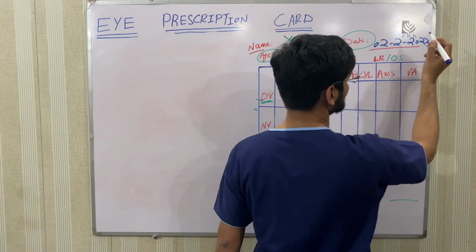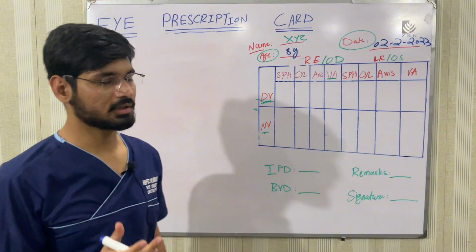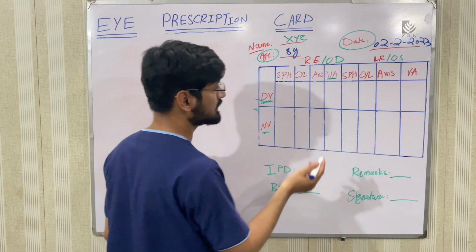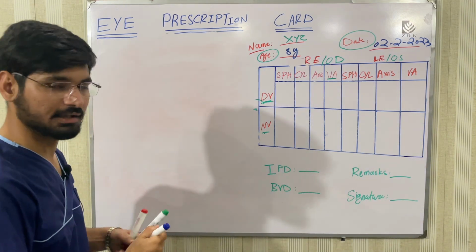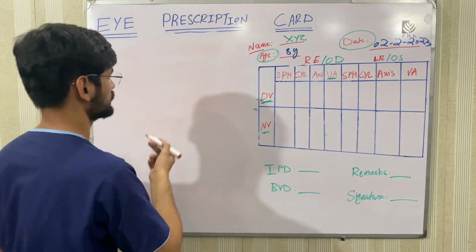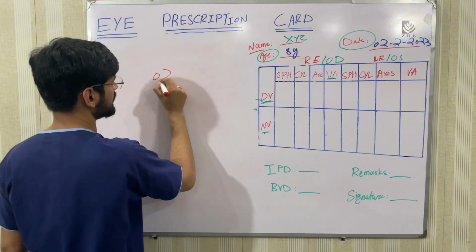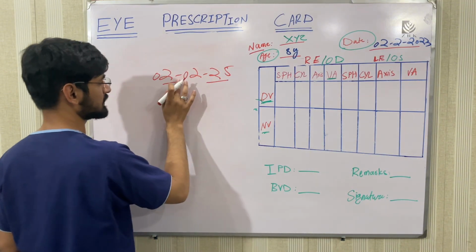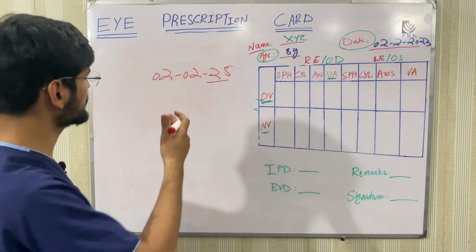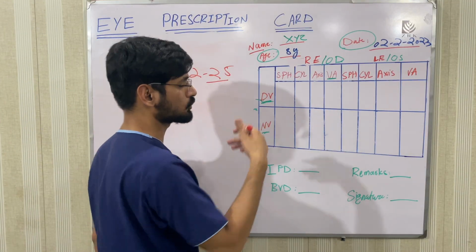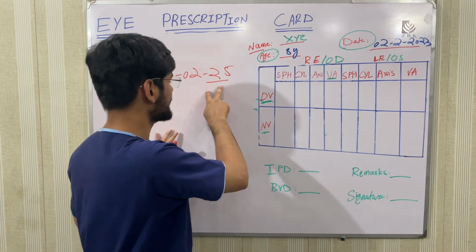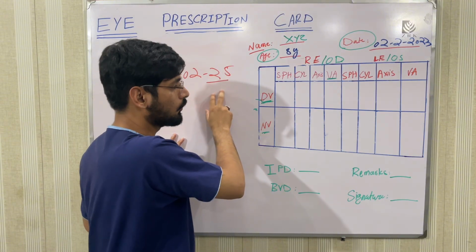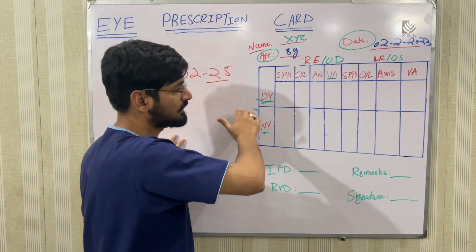So if this patient comes to me again after 2 years, let's suppose in 2025 on the same date, what is the position about the refractive status?